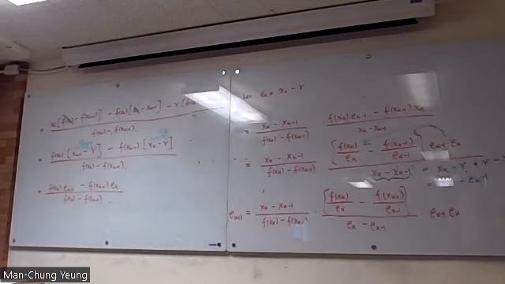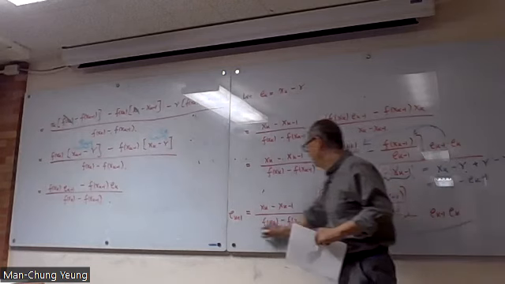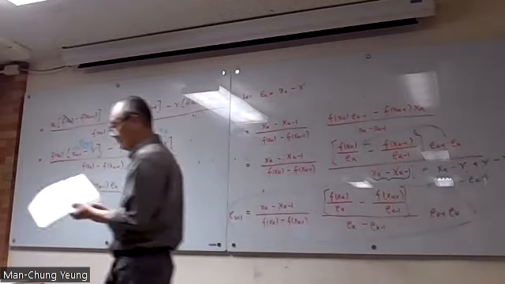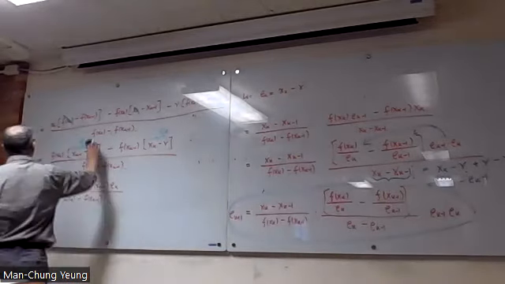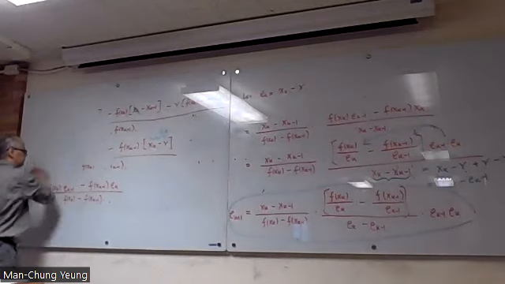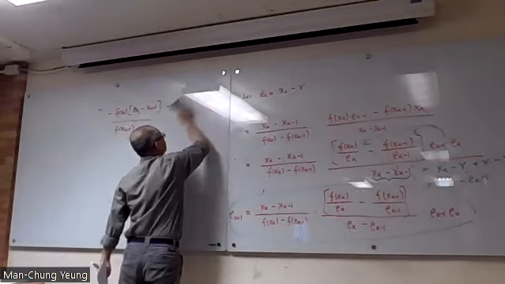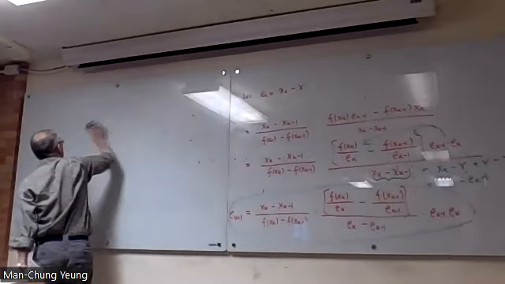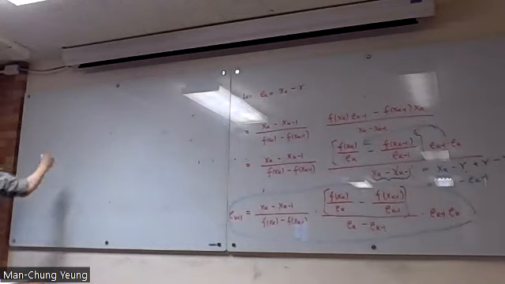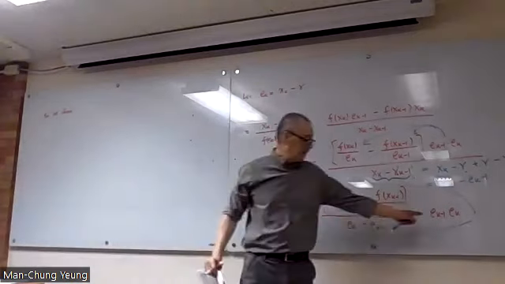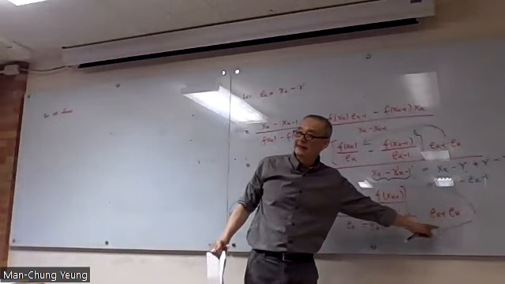Now, from the last equation here, I move ek minus 1 ek to the left side.